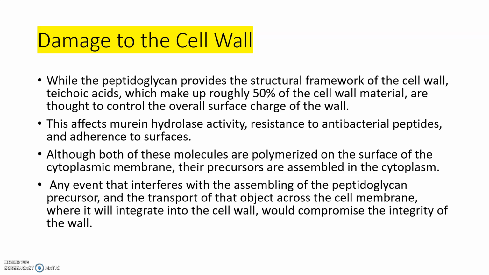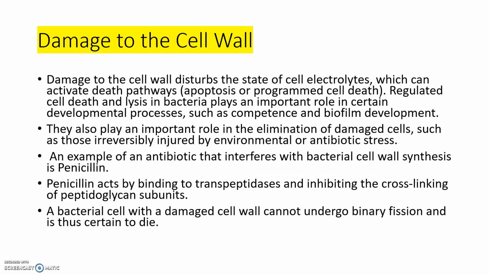Any event that interferes with the assembling of the peptidoglycan precursors, and the transport of these across the cell membrane where they integrate into the cell wall, may compromise what? The integrity of the wall. So this may result in damage to the cell wall.